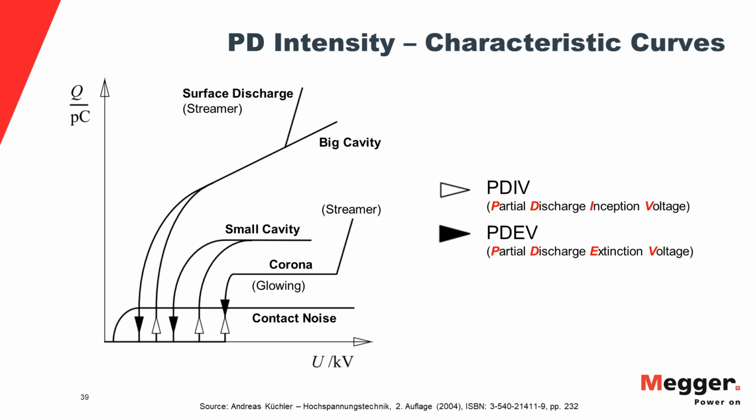There is a so-called hysteresis between the two, a connection between IV and EV, which is kind of phenomenological, so it's tested, but it cannot really be derived from a set of equations, at least not very precisely. Rule of thumb, what you see in the field, PD extinction voltage is typically between 70% and 90% of the inception voltage.